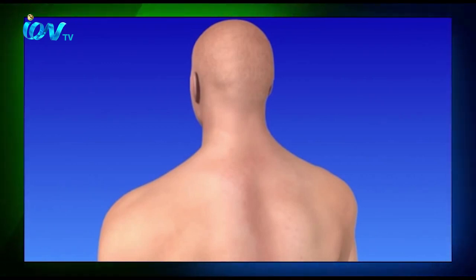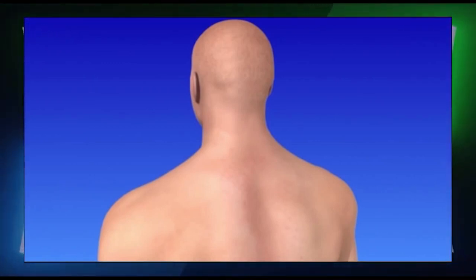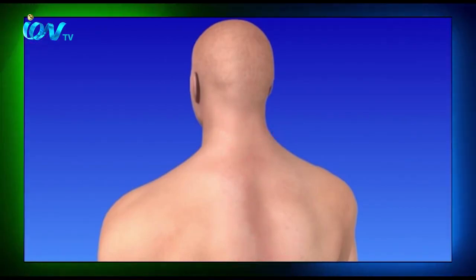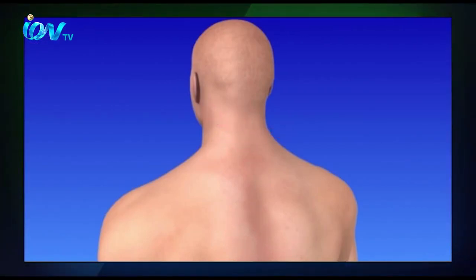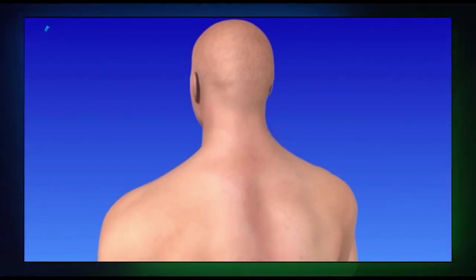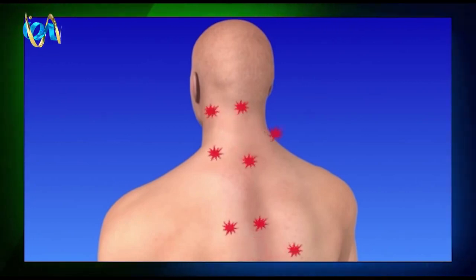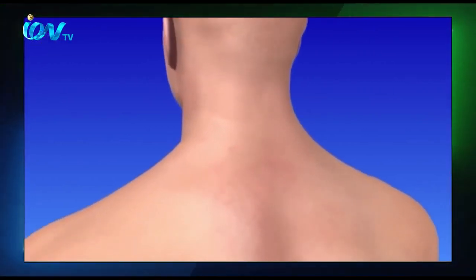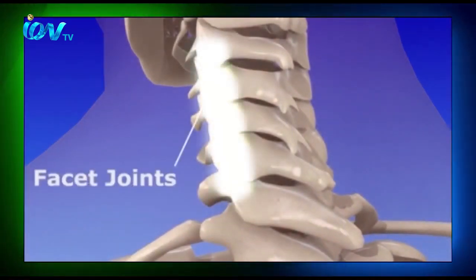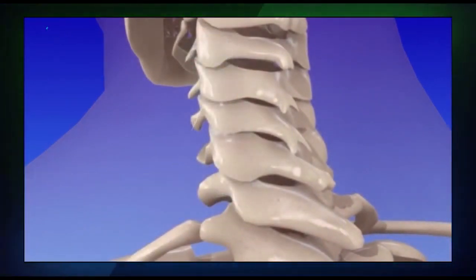Facet injections, also referred to as facet blocks, are non-surgical treatments that use medication to relieve pain and inflammation in the facet joints of the spine. Facet injections are also used for diagnostic purposes to determine the source of pain. Except for the first two, a pair of stabilizing facet joints connect each of the bones in the spine. The bones are called vertebrae.